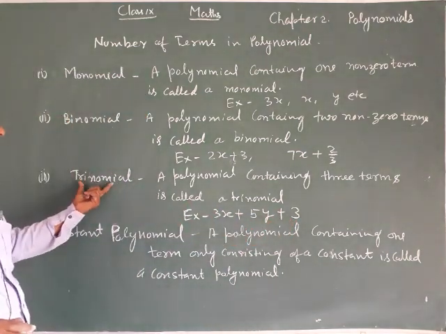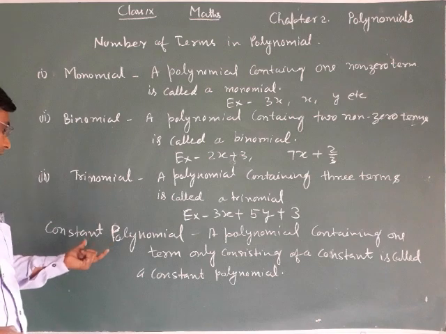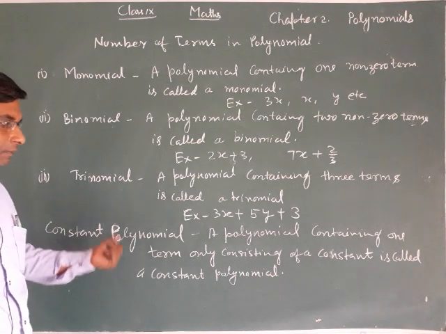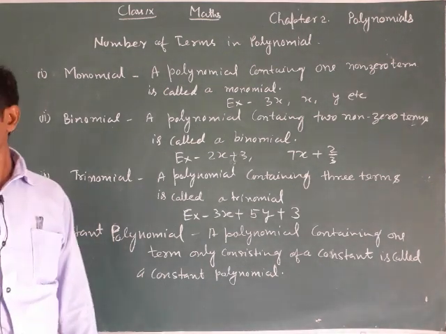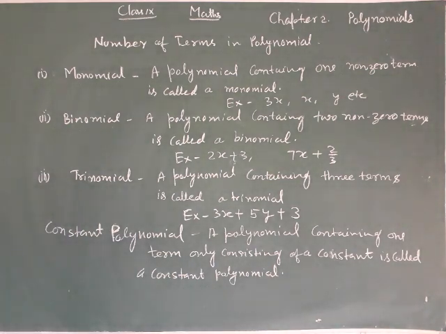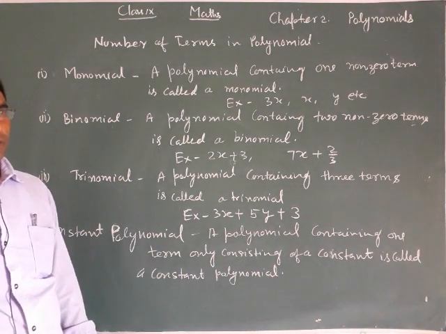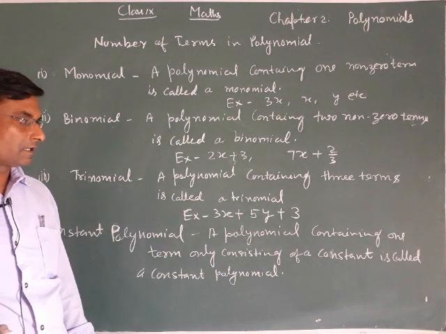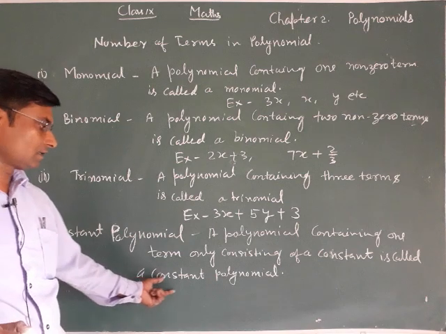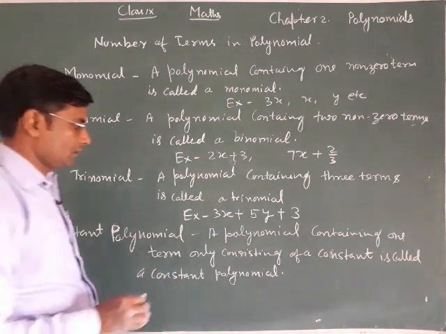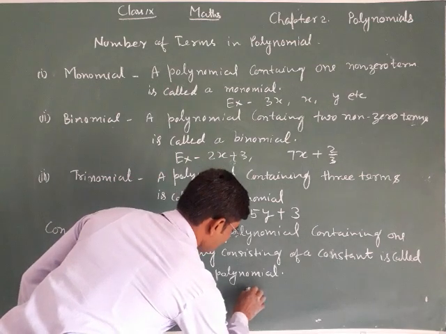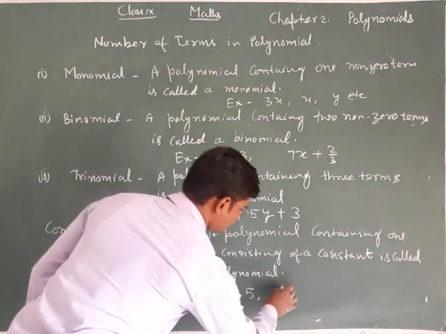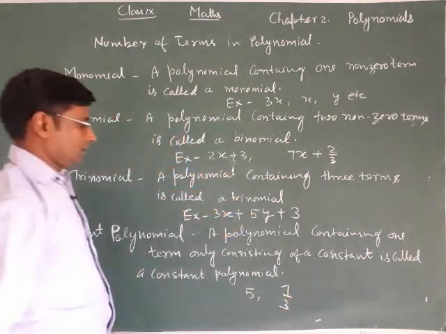This is called a trinomial. And constant polynomial. A polynomial containing only one term consisting of a constant is called a constant polynomial. For example, 5, 7 upon 3.